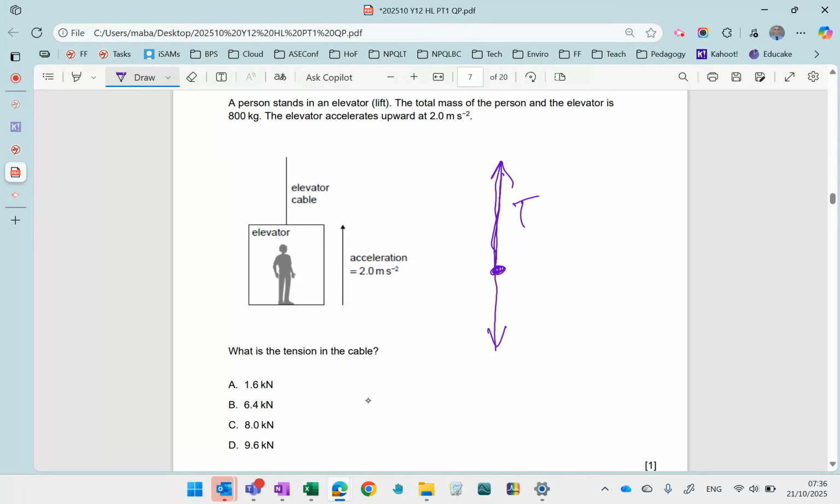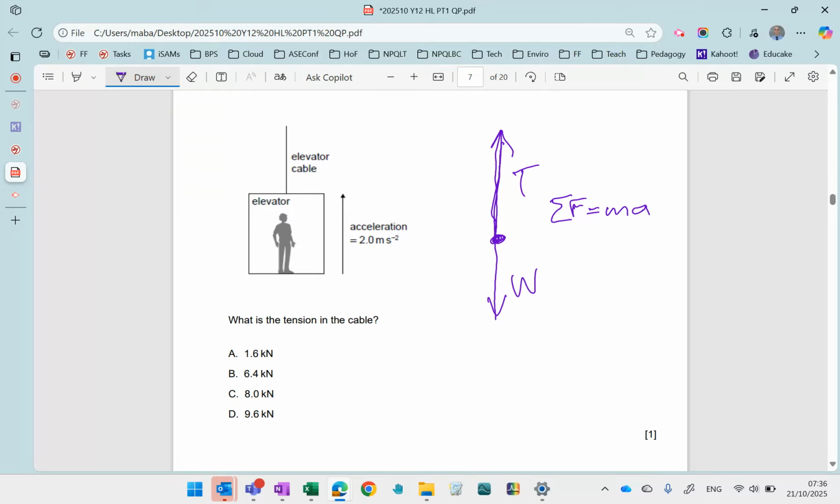How did I know that the tension force vector is greater than the weight force vector? It's because we know that it's accelerating upwards. So if there's an acceleration upwards, there must be a resultant force upwards as well, right?